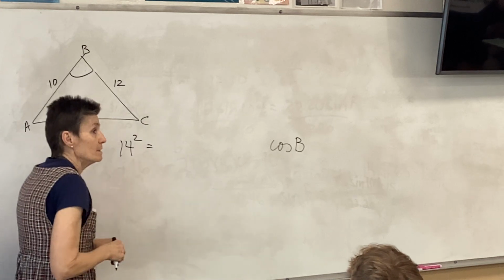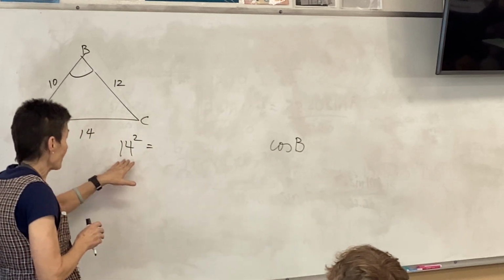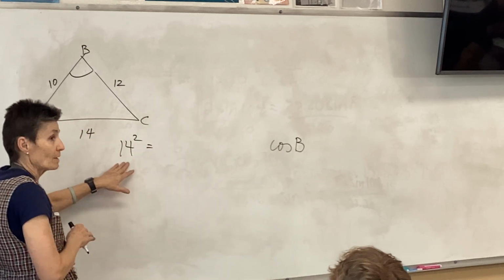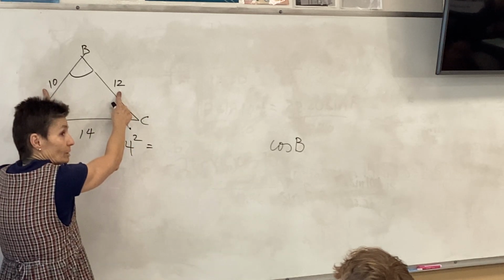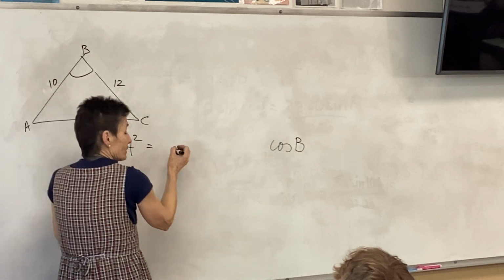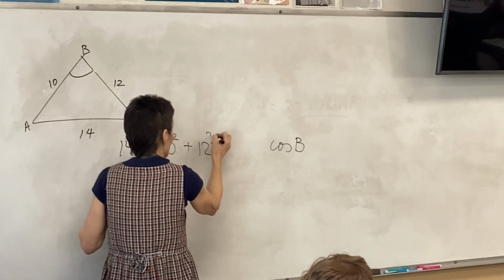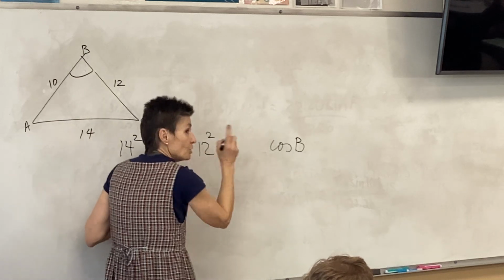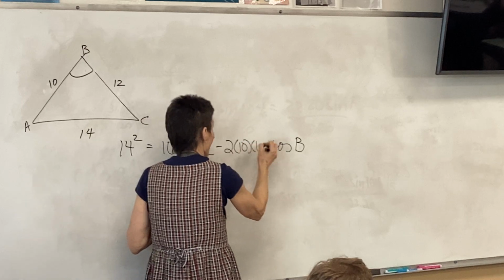Now, everything in the middle is going to be a combination of these two. Agreed? So what am I going to have? 10 squared plus 12 squared minus 2, always minus 2, times 10 times 12.